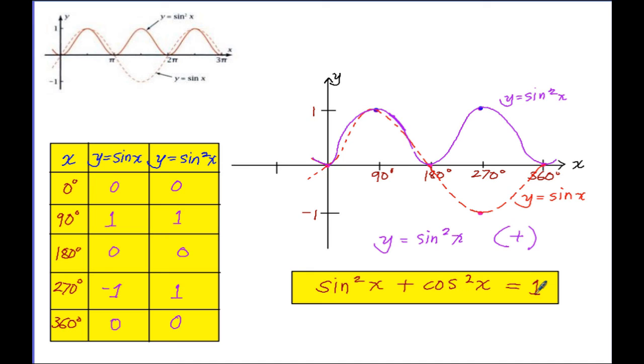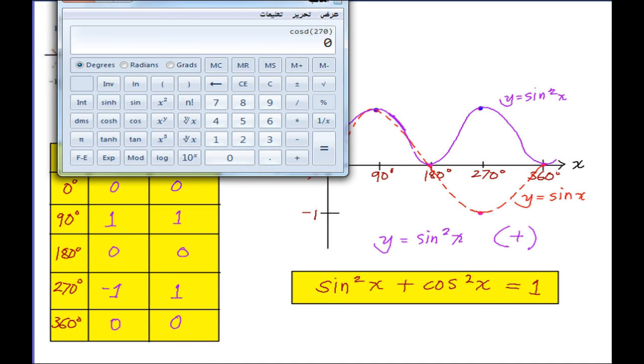Let's say for example we have 90 degrees. So let's have sine of 90 degrees, square it, plus cosine of 90 degrees, square it. The answer is 1.